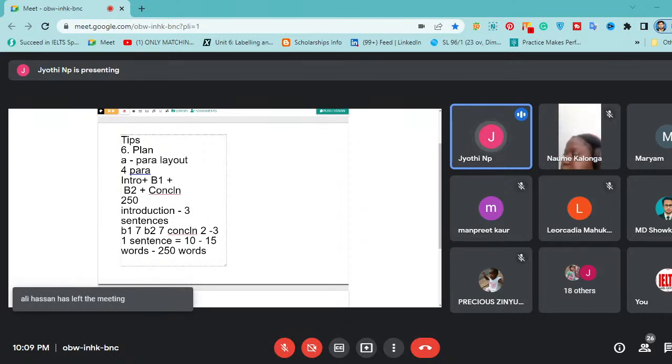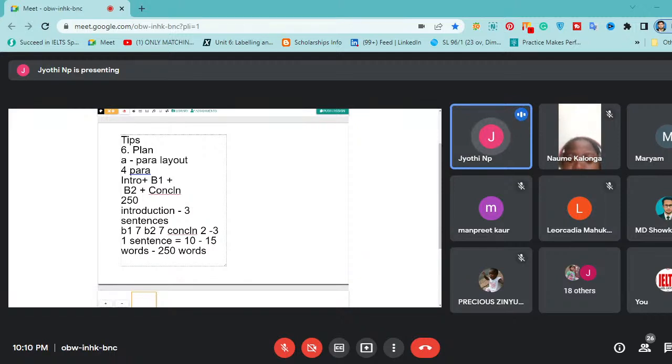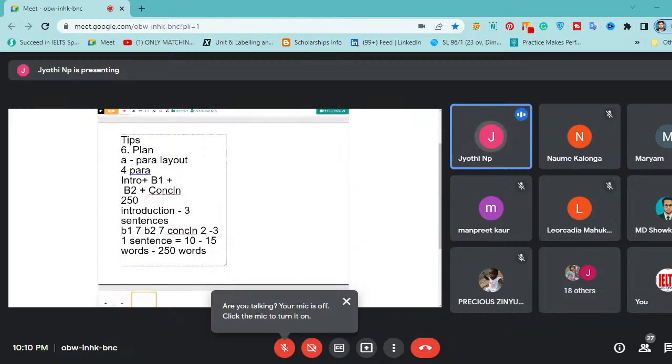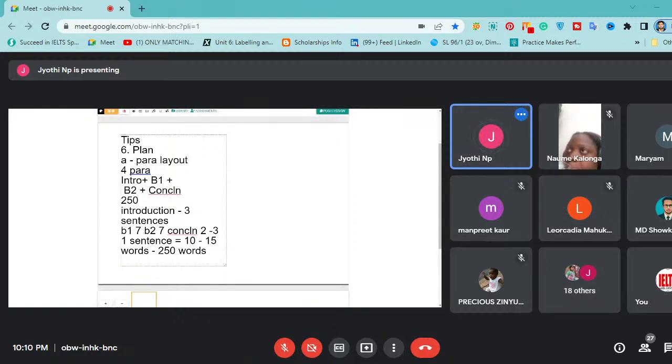If you write 240, as I showed you in the beginning, in the answer sheet, at the end the examiners have something like underlength, where it could also be overlength, so there you will be penalized. So it is very much necessary. I would suggest you write at least a minimum of 270 words. That would be ideal. 250, yes, you have to write. It is mandatory. I got the point.